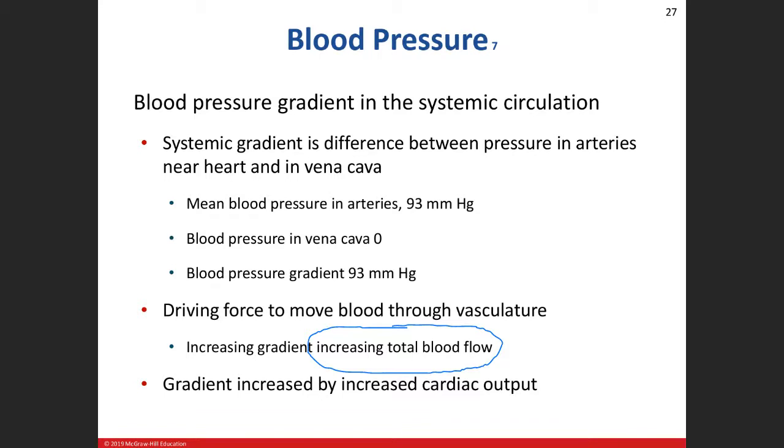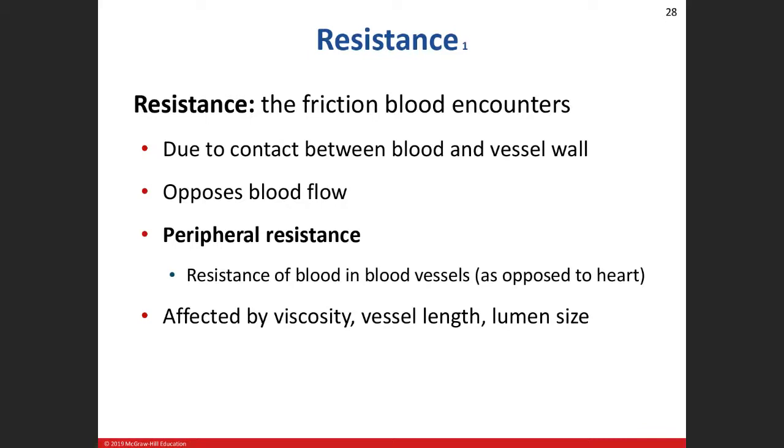If you think about it, the more blood that the heart pushes out, it's got to go through systemic circulation and it gets dumped back into the heart. So that's what's going to happen here. We'll understand this more as we work through today's lesson.